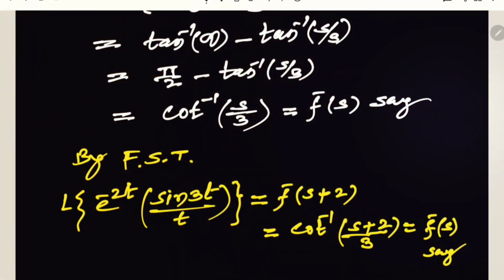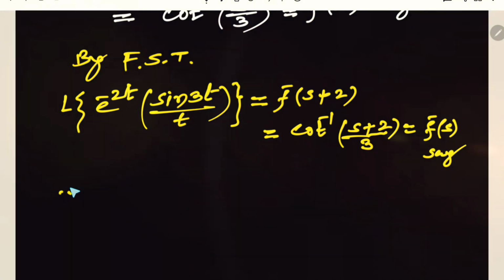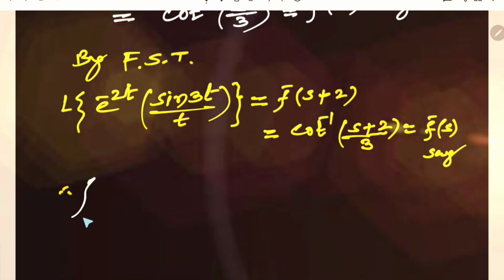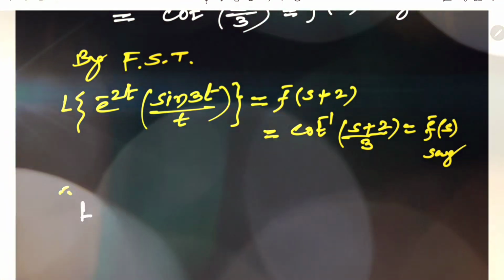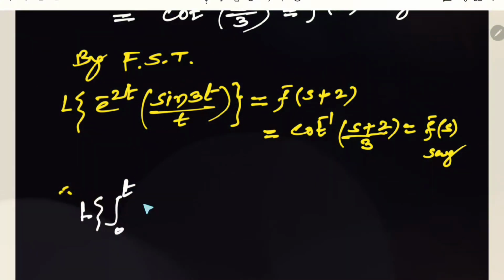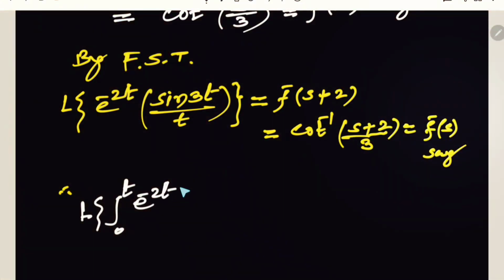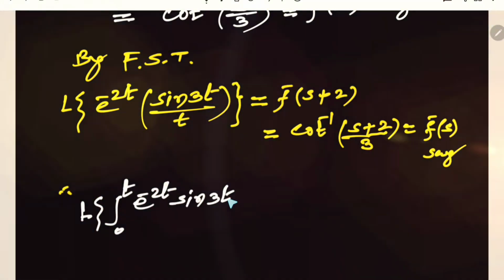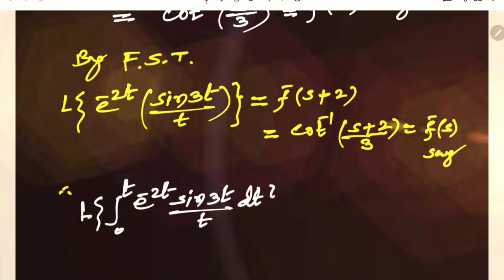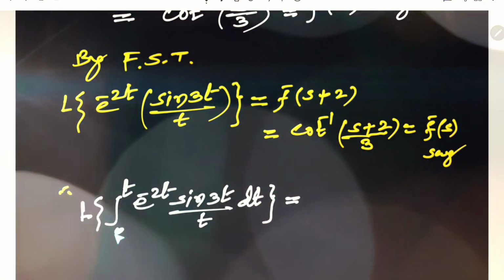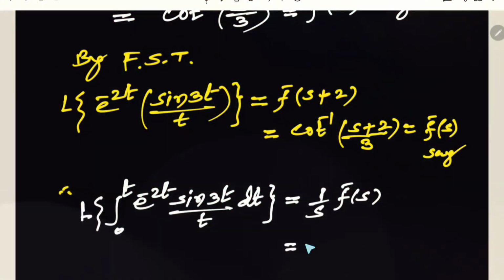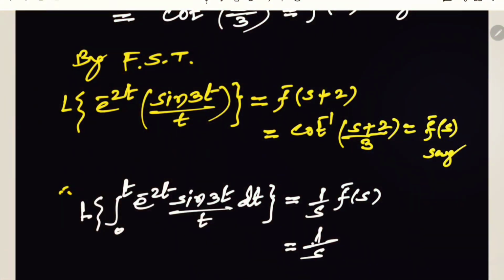And then last step, Laplace transform of integral from 0 to t of e raised to minus 2t sin 3t divided by t with respect to t is 1 by s into f bar of s, and therefore the final answer is 1 by s into that value of f bar of s.